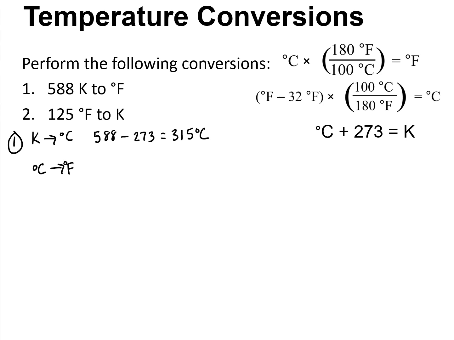To go from Celsius to Fahrenheit, you take your 315 degrees Celsius and you multiply by the conversion factor. And you should get 567 degrees Fahrenheit. That's our final answer for that one.